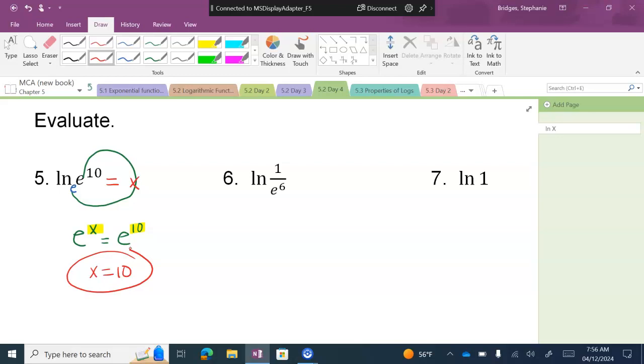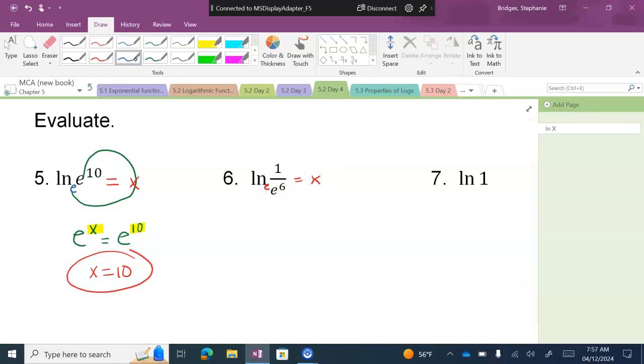You're wanting to get the same base on both sides, and in this case, that base is going to be e. Base is e is there.